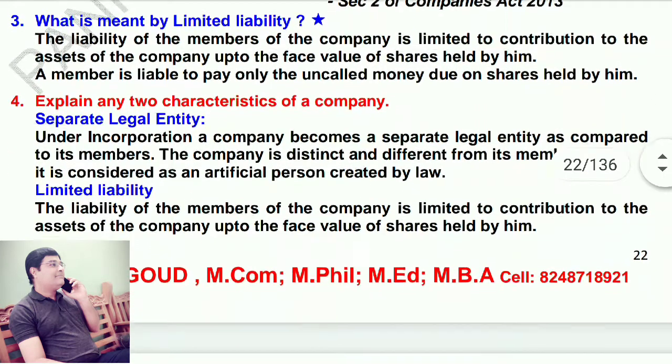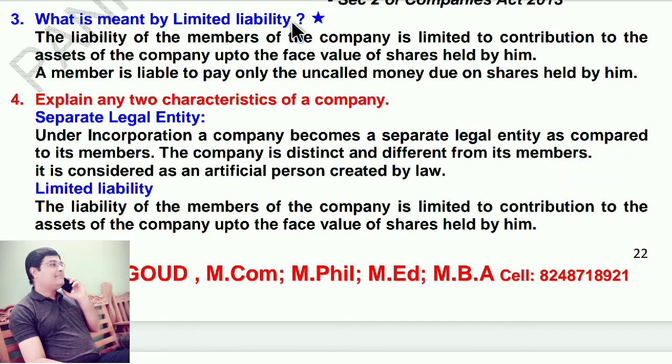Next one, what is meant by limited liability? Liability means expense. The liability of the members of a company is limited to contribution to the assets of the company up to the face value of shares held by him. A member is liable to pay only the uncalled money due on shares held by him.